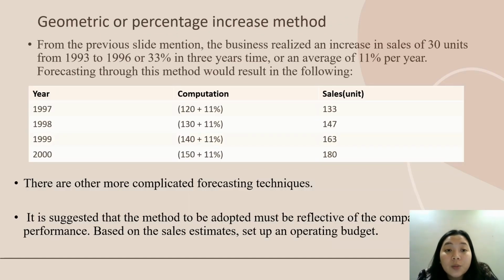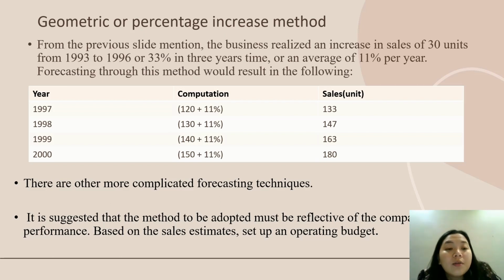And then for geometric or percentage increase method, from previous slide mentioned, the business realized an increase in sales of 30 units from 1993 to 1996, or 33% in 3 years' time, or an average of 11% per year. Forecasting through this method would result in the following.